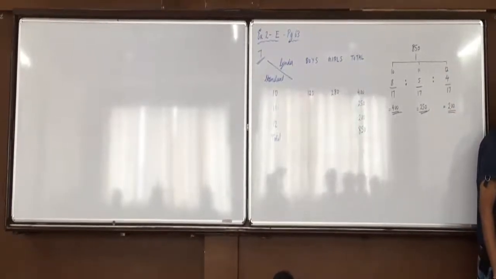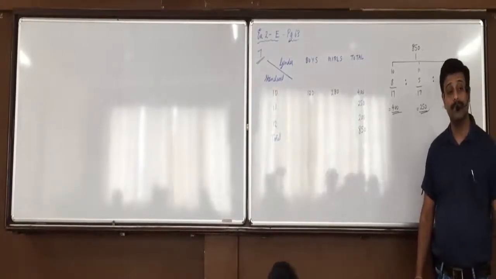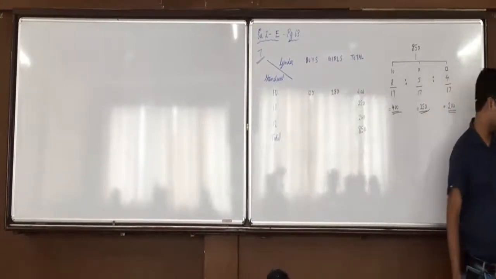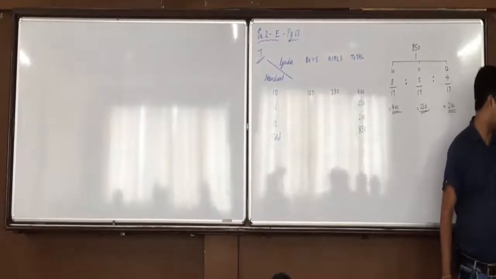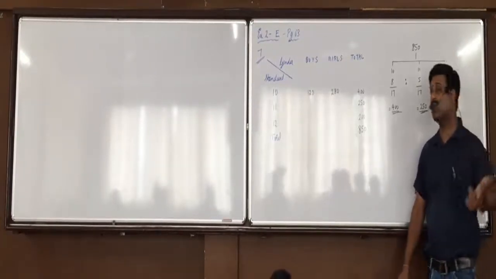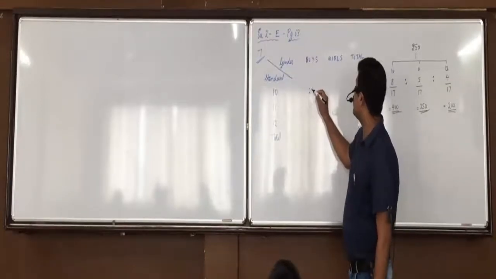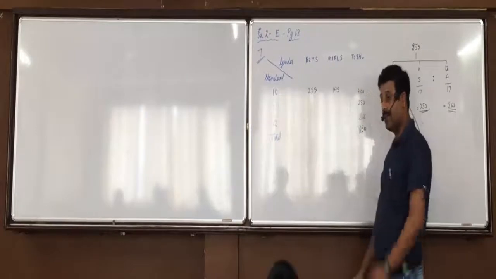Next sentence it is given. In standard 10 the number of boys is 30% of the number of students in the school. So for all 850, 850 into 30%, 255. 400 minus 255, 145.